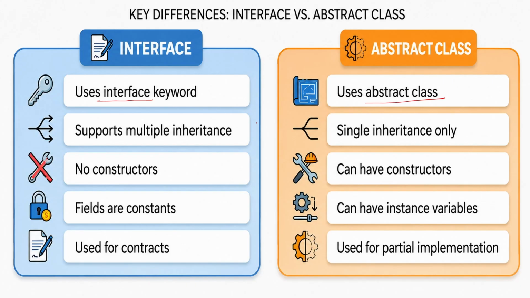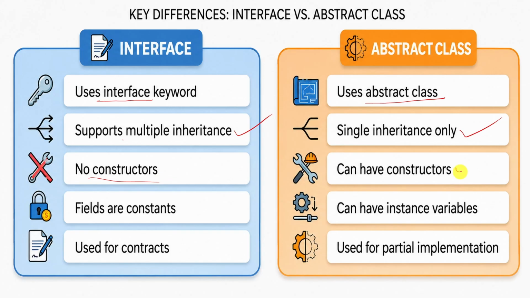Through inheritance, an interface supports multiple inheritance, as we have just seen, while an abstract class supports single inheritance only, with classes. In an interface, we do not provide any constructor.